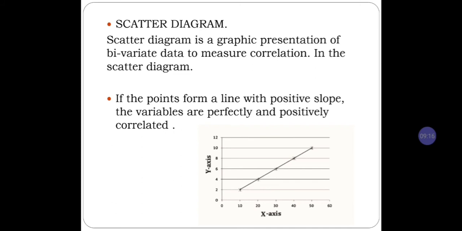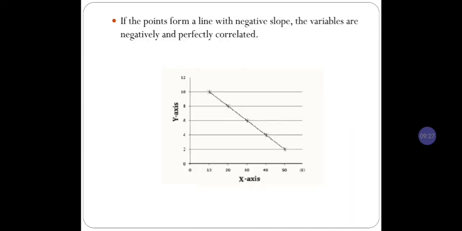See the graph diagram there. My points are upward and my slope line is also upward. This is called positively correlated.